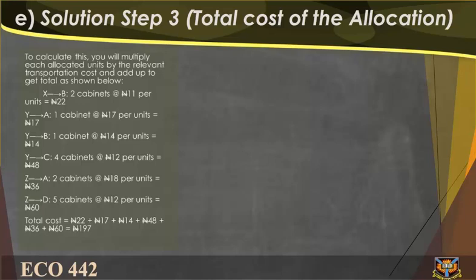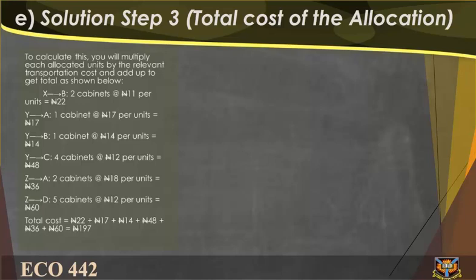Y to B, 1 cabinet at 14 naira per unit equals 14 naira. Y to C, 4 cabinets at 12 naira per unit equals 48 naira. Z to A, 2 cabinets at 18 naira per unit equals 36 naira.